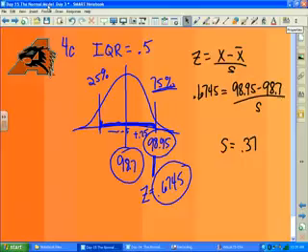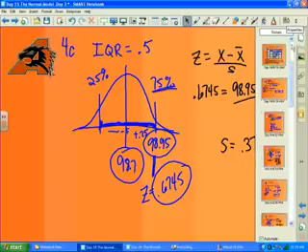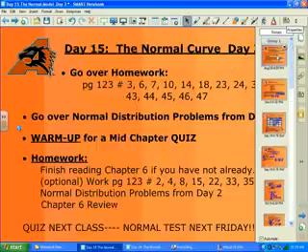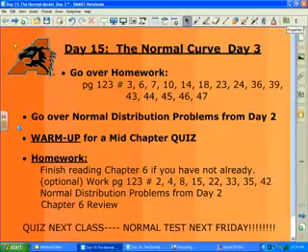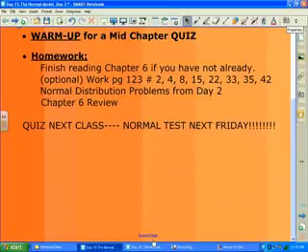Okay, so that's the warm-up. And so let me summarize what I want you to do for homework, because we've gone through quite a bit of things. What I want you to do for homework, and you can work on this the rest of the class, is this. If you have not finished reading this chapter, you have to do that. This normal stuff has to be just really easy.